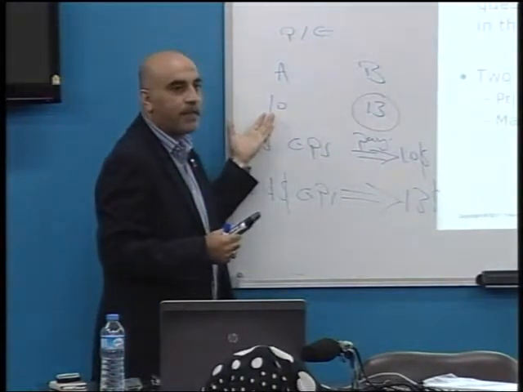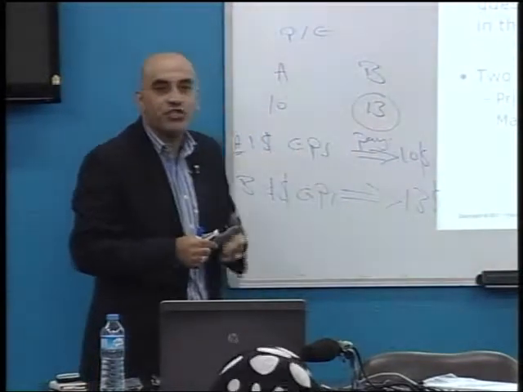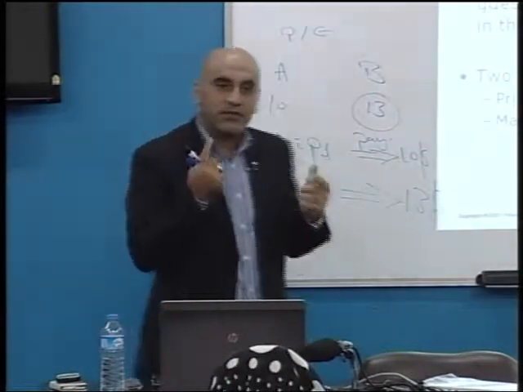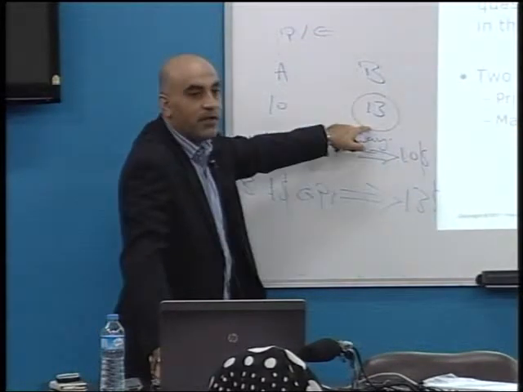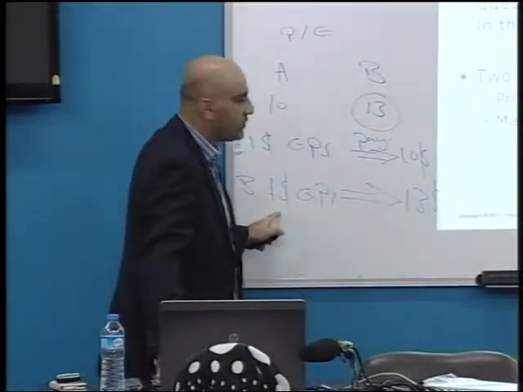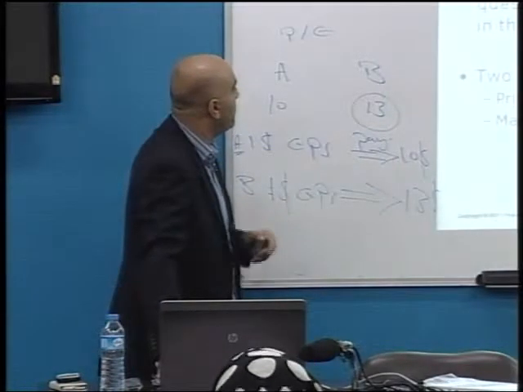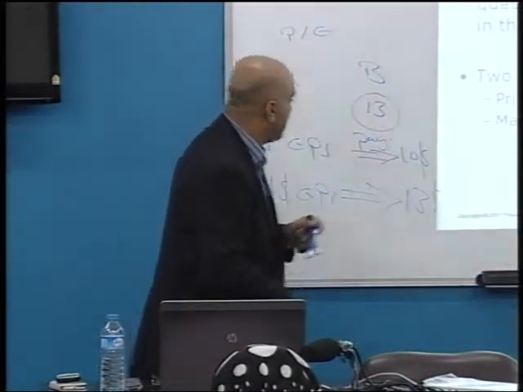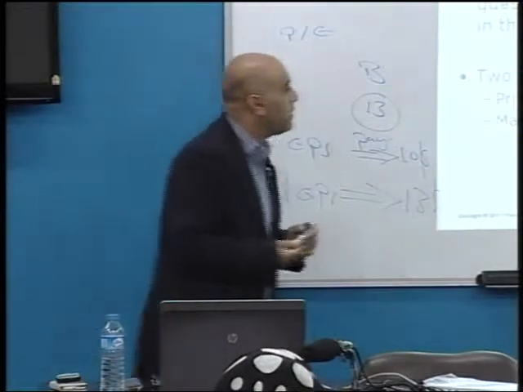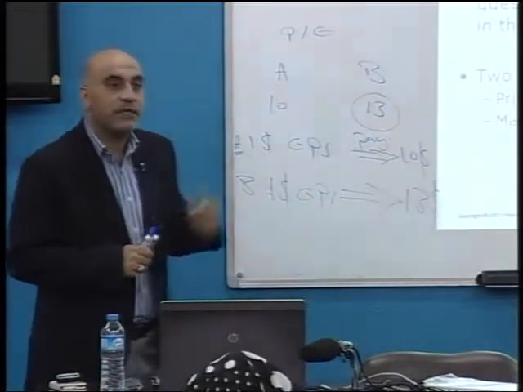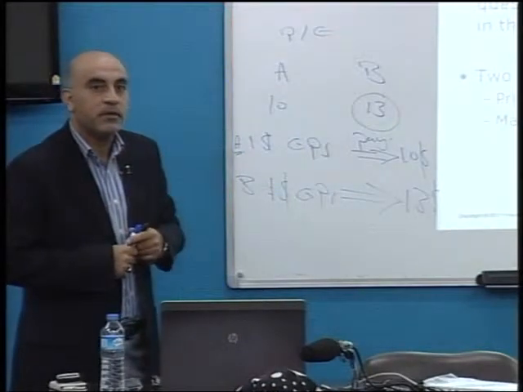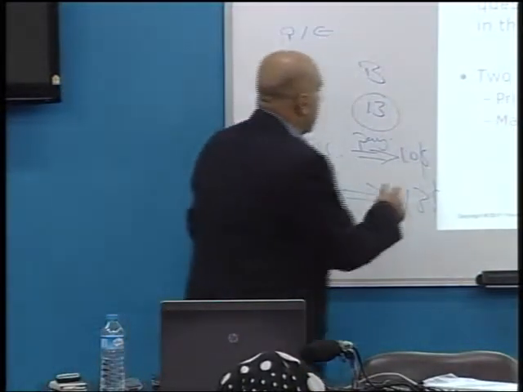A is more efficient than B in generating profits, because I only paid $10 to get $1 profit, but here I paid $13 to get $1 profit. Okay, this is the idea of the PE ratio. Any question related to this one?